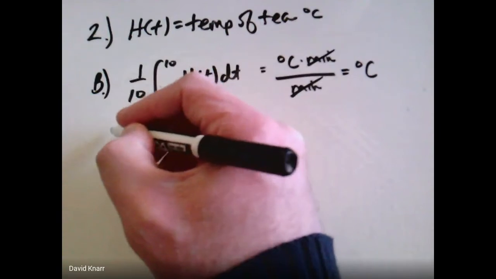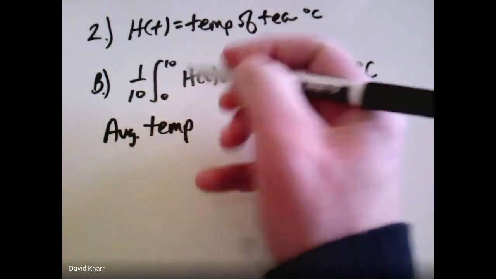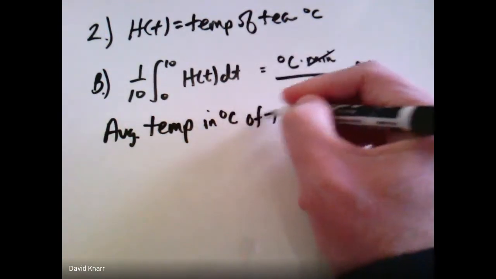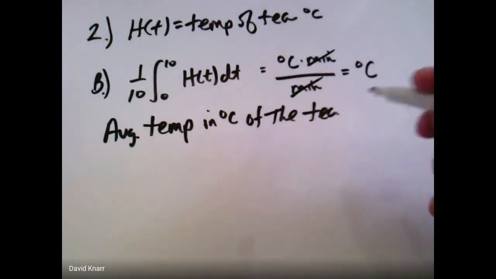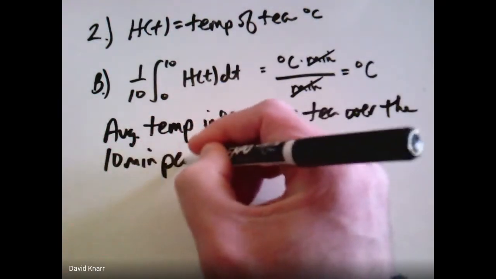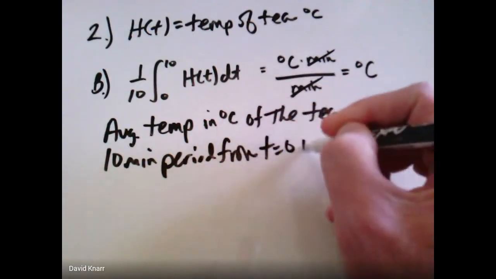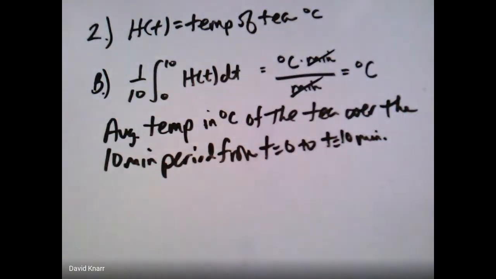So what this is telling me is the average temperature in degrees Celsius of the tea over the 10-minute period from t equals 0 to t equals 10 minutes.